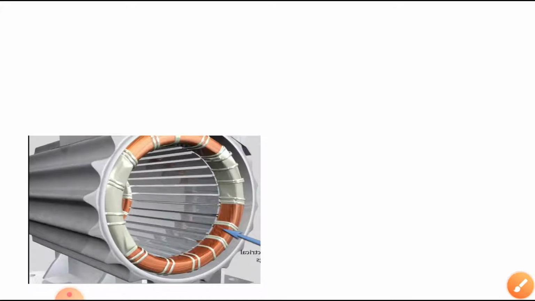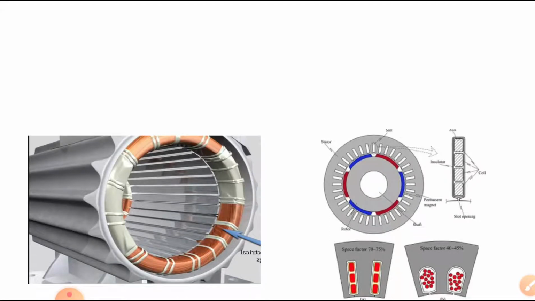Now this is one motor, the stator armature. It consists of the stator core. The core is made of silicon steel material. It is laminated to reduce eddy current losses, and silicon content is added to reduce hysteresis losses.